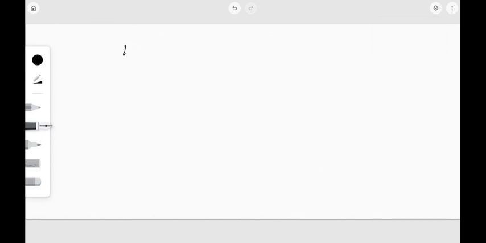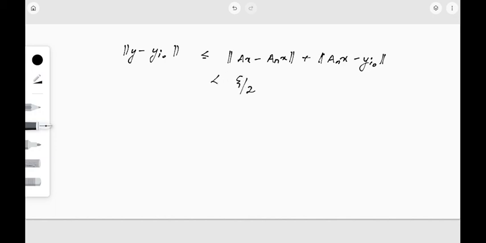That norm of y minus y_i dot will be less than or equal to norm A x minus A_n of x plus norm A_n of x minus y_i dot. Now this is less than epsilon by 2. This is how we had chosen, because A_n converges to A, and this was our equation 1, and this is by equation 2. We get these both are less than epsilon by 2, and so their sum is epsilon.